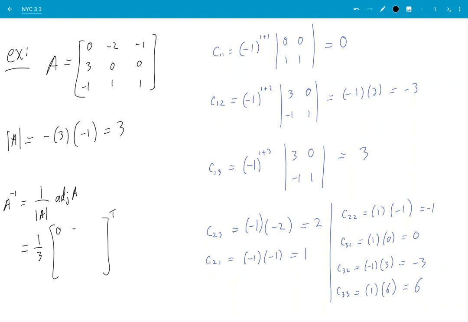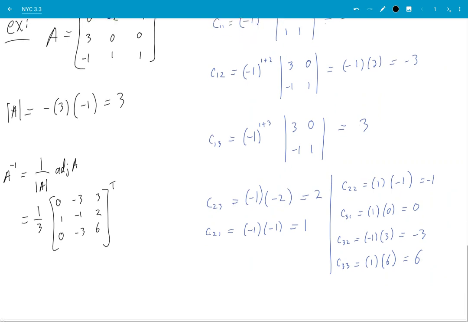C11, C12, C13, oops, C21, just 1, C22, negative 1, C23, 2, C31, 0, C32, minus 3, C33, 6. Okay, let me just double check. I haven't screwed up there. 0, 0, 3, and then 3, 2, 6. Looks good. Okay, so just perform the transpose, and Bob is your uncle.